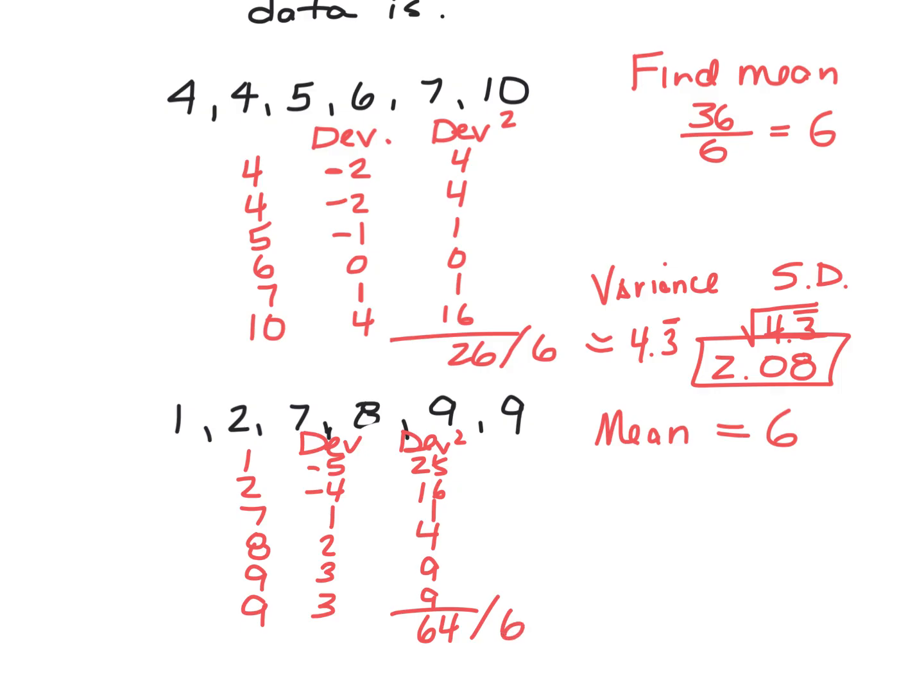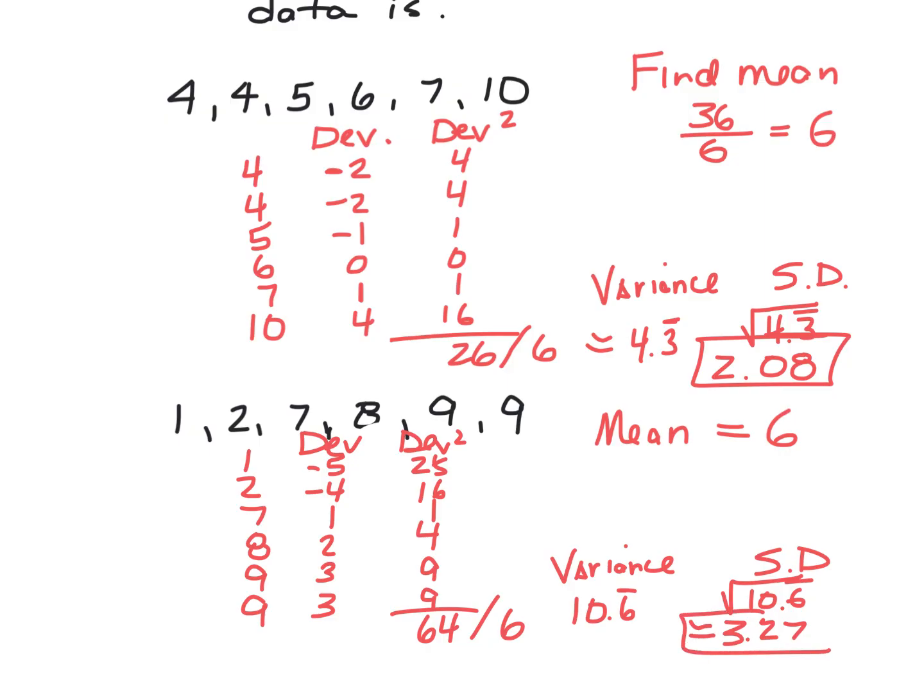This is what we call the population variance, which would be 10.6 repeating. Again, that is your variance. And then your standard deviation would be the square root of that variance, which is about 3.27.